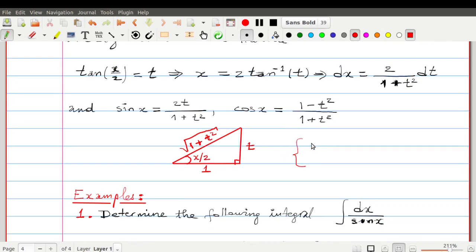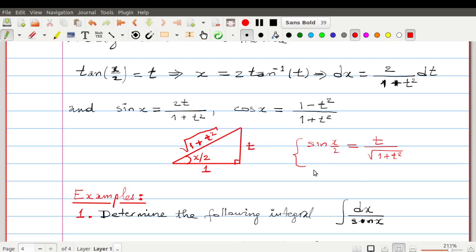From here we have sine x by 2, which is opposite by hypotenuse. Opposite is t, so it will be t by square root of 1 plus t squared.